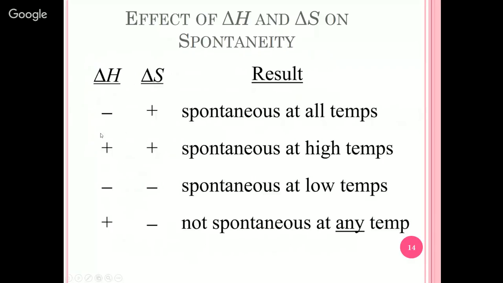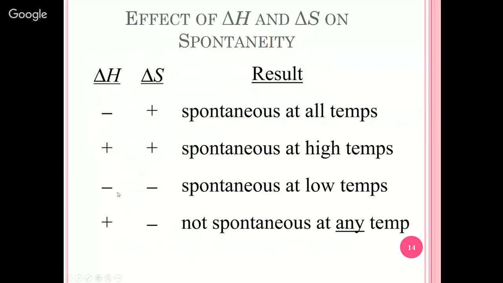When we have an endothermic process, but we are increasing entropy, an example of this would be when we melt ice. So we need energy to do that, but we're going from a solid to a liquid, so we have more entropy in the liquid state. That is only spontaneous at high temperatures. So melting, we have to be at the melting point or above it.